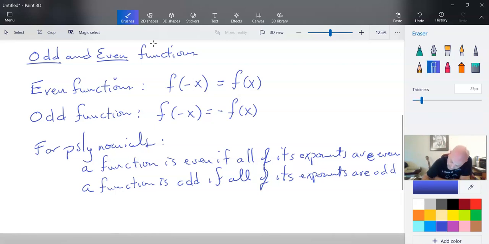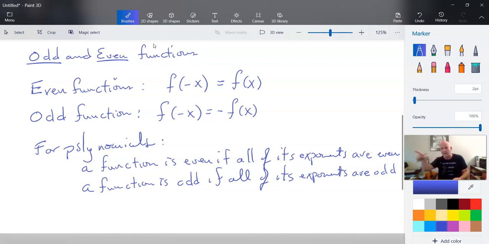There. Right? So basically, you can look down the polynomial. If you have a mixture of even and odd exponents on your x's, then it's neither. Okay? If all of the exponents are even, then it's an even function. If all of its exponents are odd, then it's an odd function.